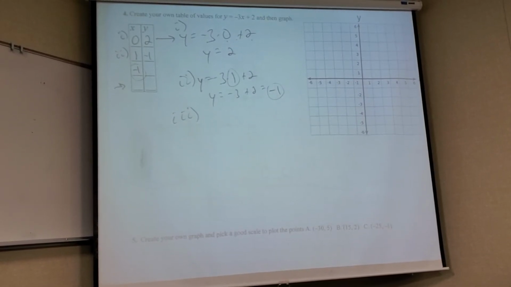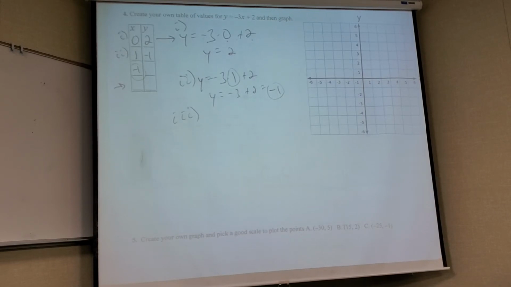Here it says x is one, right? So you replace x with one. You're replacing x with one. Why don't you put the x?